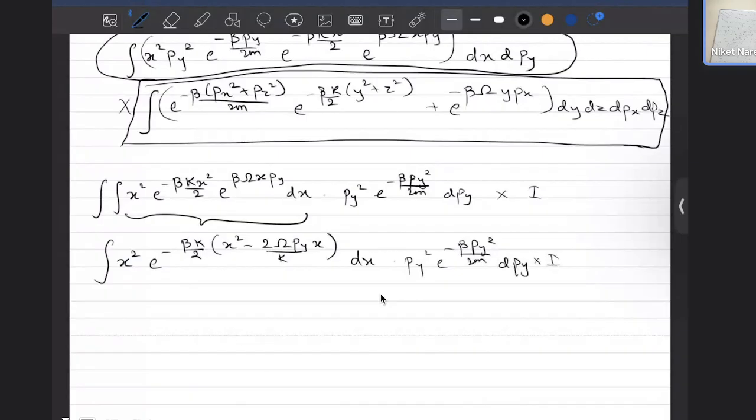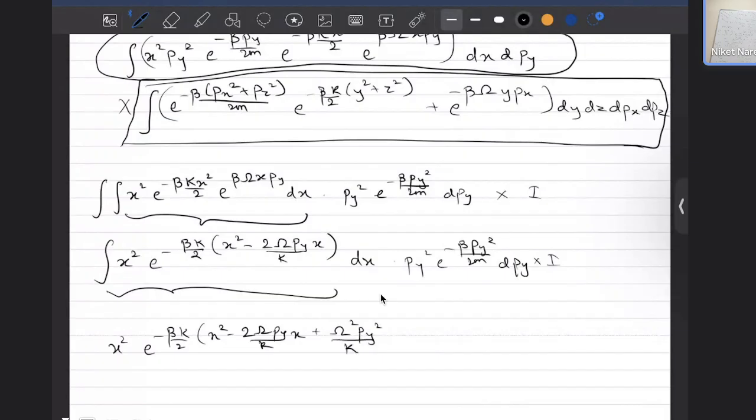Now to complete the square here, I'll require an additional term: x squared e raised to the power minus beta kappa by 2 times x squared minus 2 omega py by kappa x plus omega squared py squared by kappa squared inside. I have to basically multiply and divide by this term.